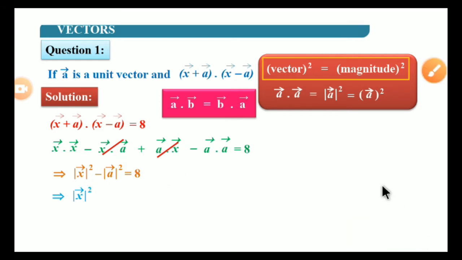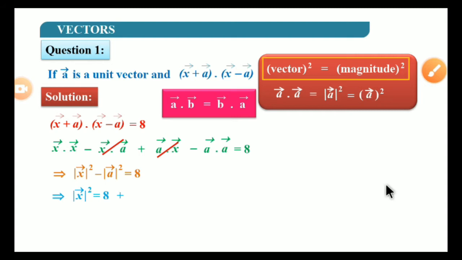So it becomes plus here. So 8 plus the magnitude of A square. In the next step, the magnitude of x square is equal to 8 plus 1, because vector A is a unit vector. A unit vector means the magnitude of vector A is always equal to 1. So 1 square is equal to 1 only, right? So 8 plus 1 becomes 9.